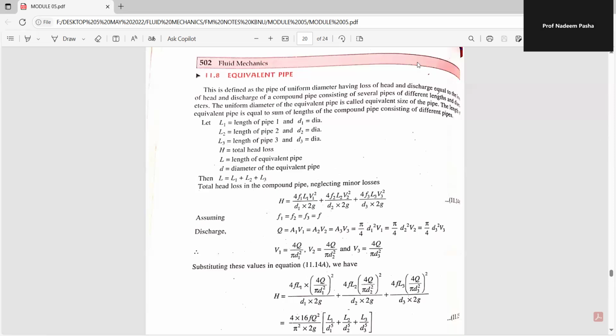Now capital L, the length of the equivalent pipe, is equal to the summation of the compound pipes connected end to end, that is L1 plus L2 plus L3.